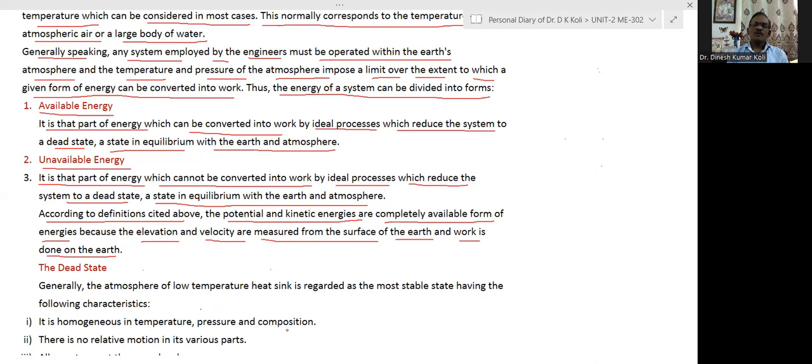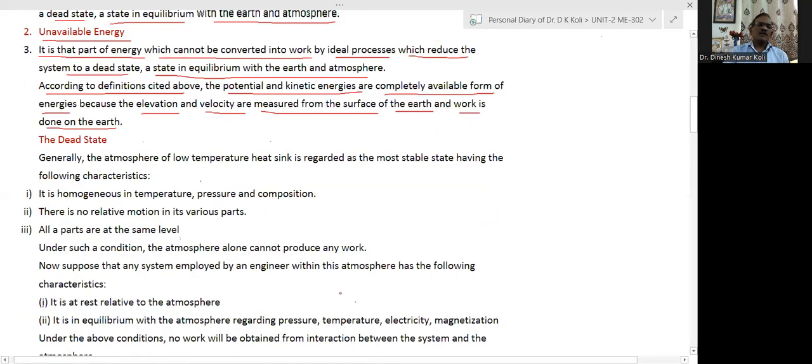But after this cycle, we have to exhaust the combustion gases or smoke into the atmosphere, which also has some amount of energy. That cannot be converted into work even by a process. So the exhaust gases have some amount of energy that cannot be converted into work. It is called the unavailable energy or unavailability.